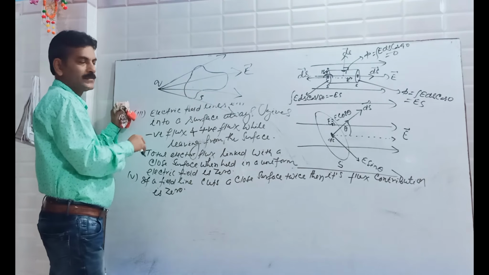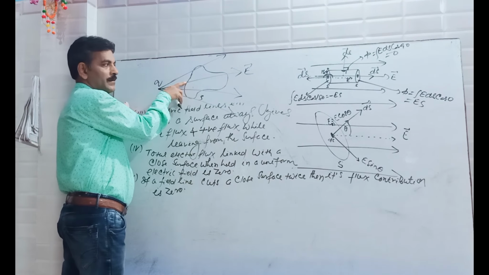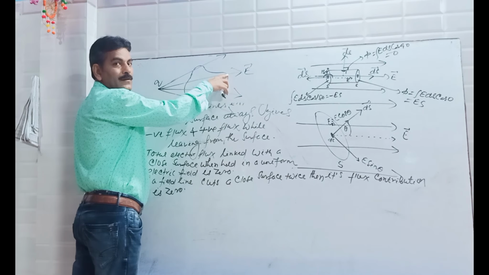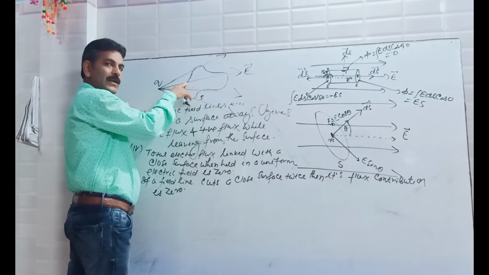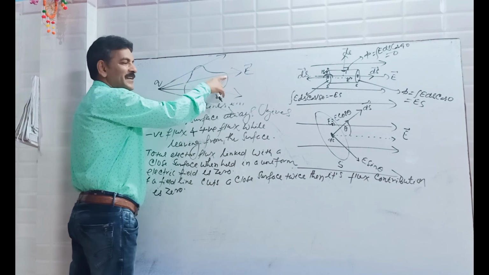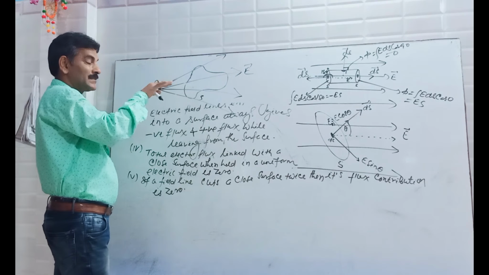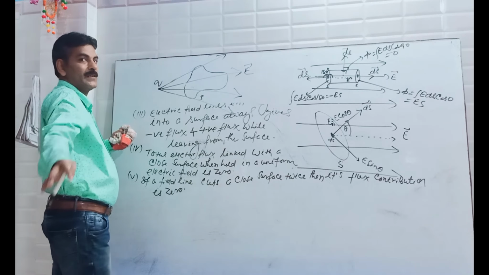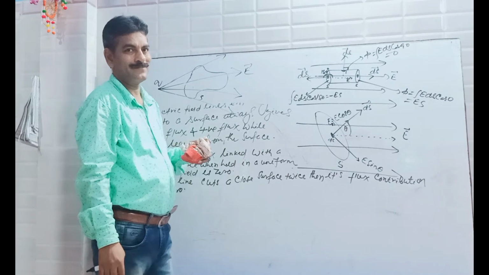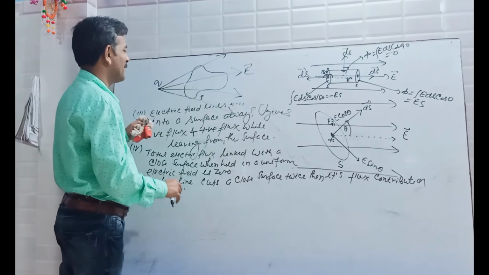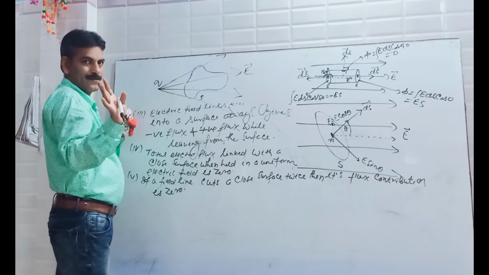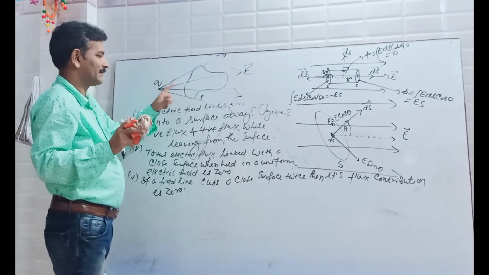You see, electric field lines enter the surface here and leave the surface here. While entering it will give negative flux. While leaving it will give positive flux. So if a field line cuts the closed surface twice, then its electric flux contribution is 0. Okay. So clear?